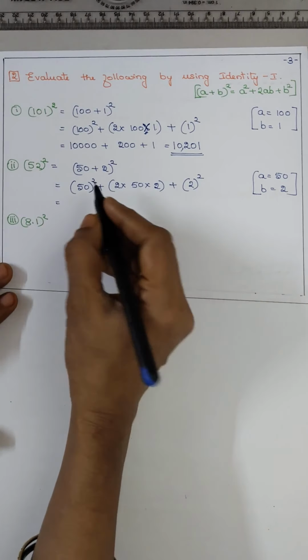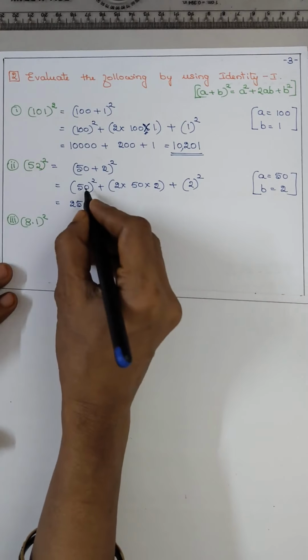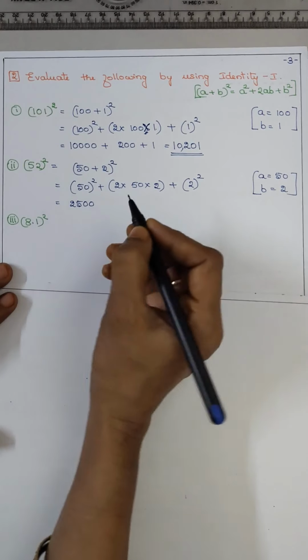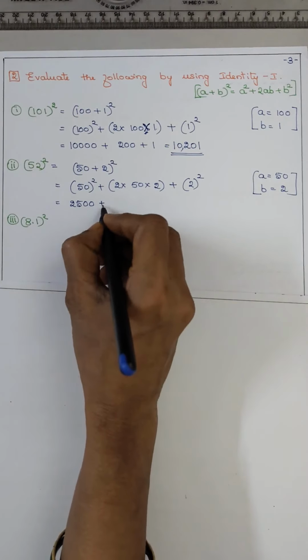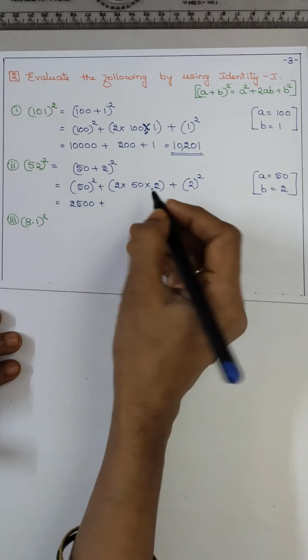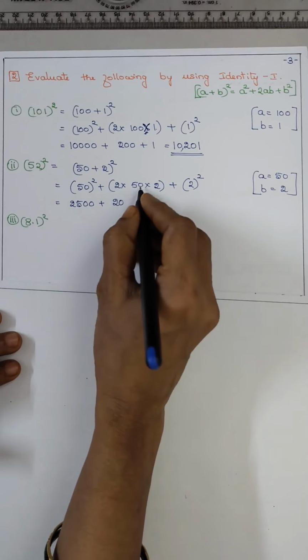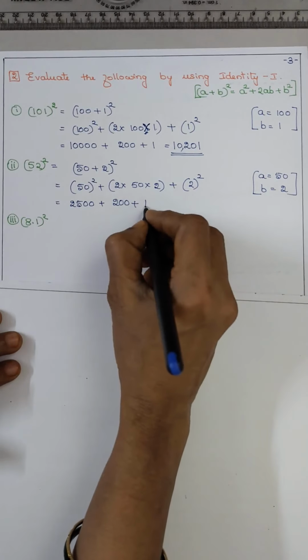Now 50 square, 5 square is 25, 1 0 in square it will be 2 0. Now 2 2s are 4, 4 5s are 20 and 1 0, plus 2 square is 4.